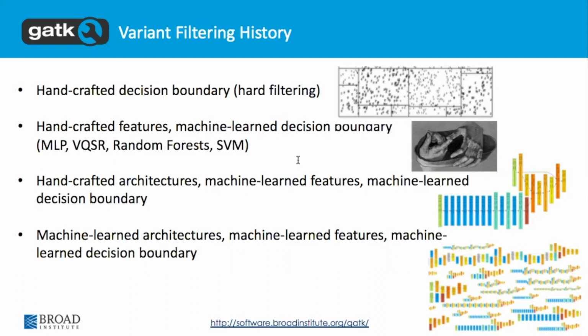Here we also take advantage of the same annotations, but now we can automatically learn it given the new call set. We don't have to manually adjust those decision boundaries. We can just run our algorithm and get results out without any manual intervention.